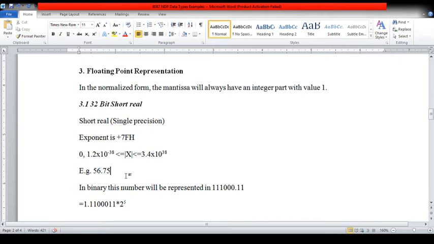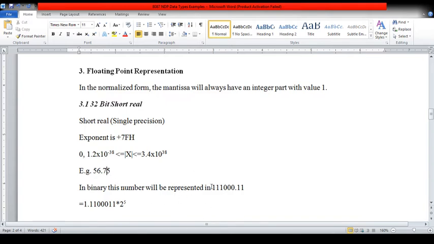This number will be represented in binary in this format: 56 and this will be 75. Before moving to this data type, you must be sure about how to convert the integral part into binary and the fractional part into binary. That is important. That is a prerequisite for learning these data types.